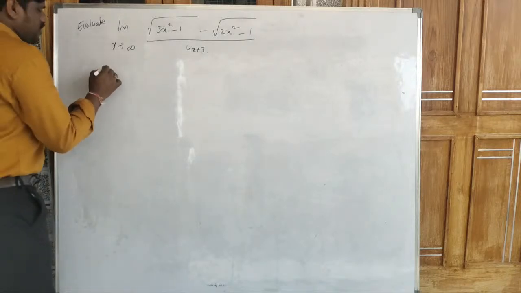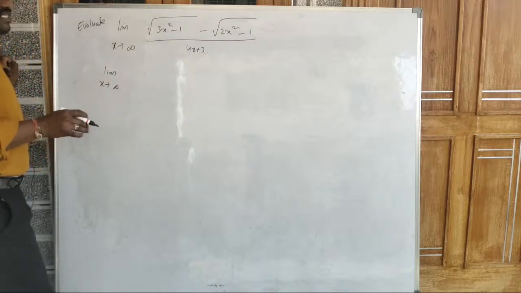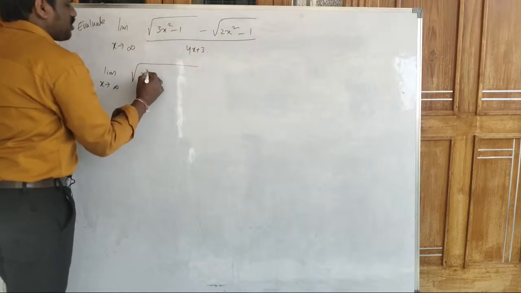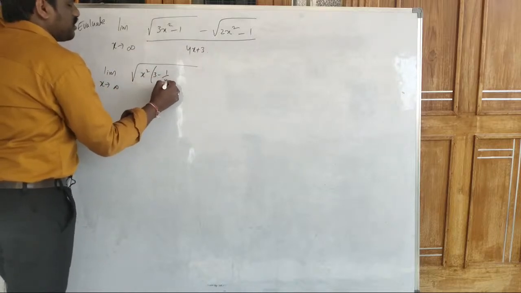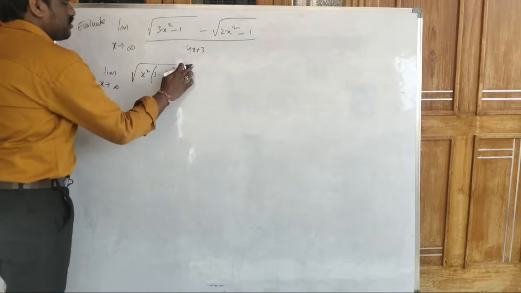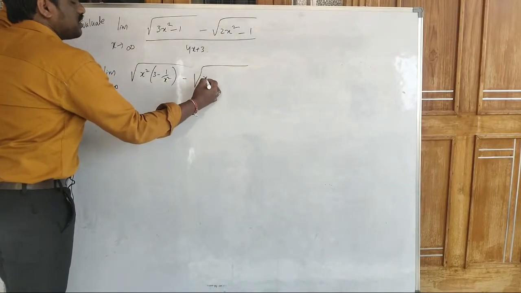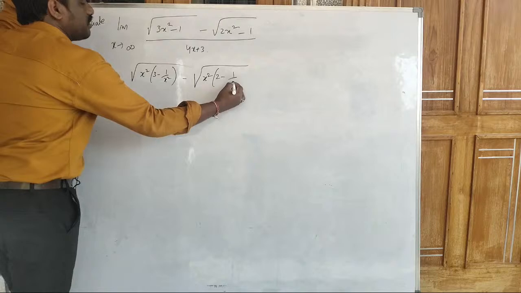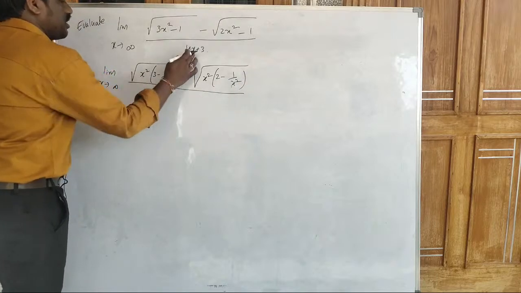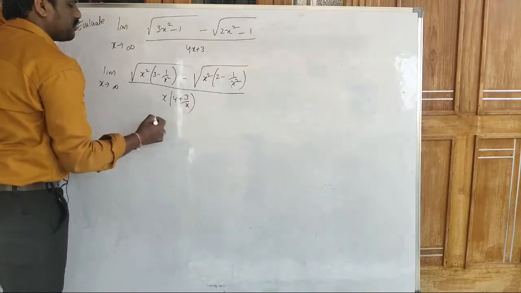See here in this, the main thing is you need to see, you can take the highest degree common. See in this, inside the bracket, I can take x square common. So 3 minus 1 by x square I will get. Minus under root of, here I can take x square common, 2 minus 1 by x square I will get, and divided by, here I can take x common, 4 plus 3 by x I will get.